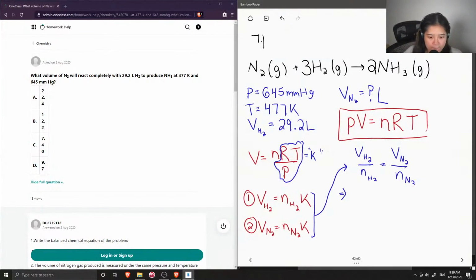So we can rearrange this equation and get number of moles of H2 over number of moles of N2 and be equal to the volume of H2 over the volume of N2.